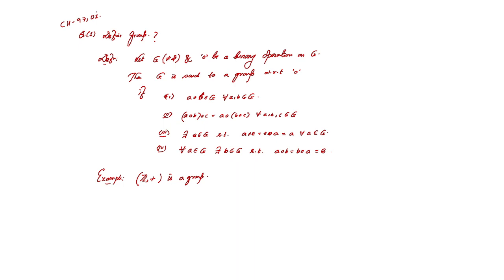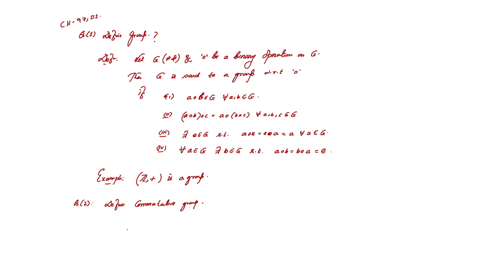Now another question, question 2: define abelian group or commutative group, or when a group is said to be abelian or commutative.